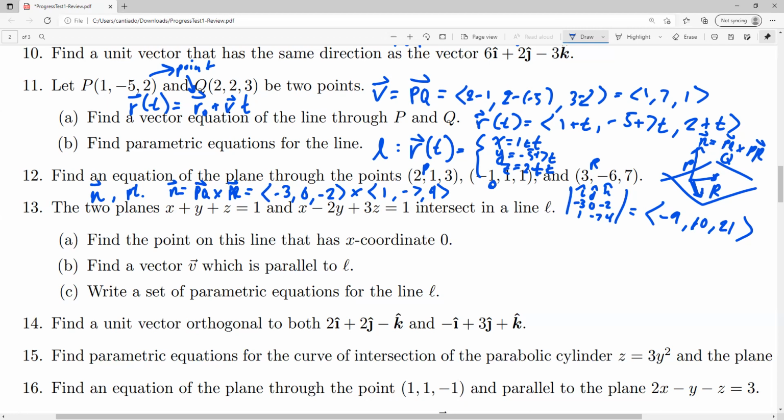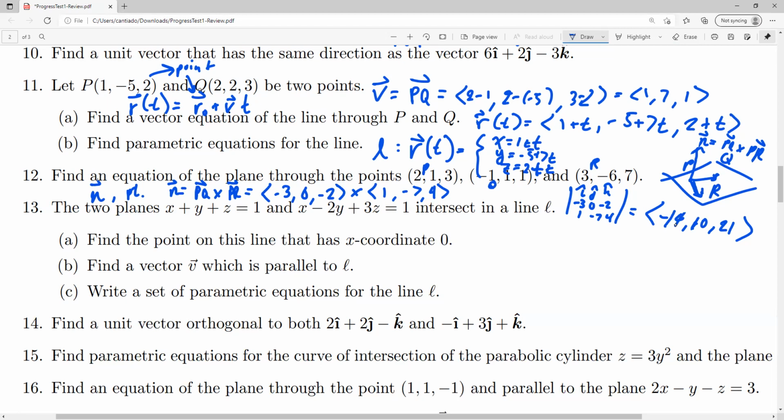Oh yeah, why did I add that? Sorry. This is not supposed to be -9, it's supposed to be -14 because 0 times 4 is 0. So 0 minus -7 times -2 is +14, so 0 minus 14 is -14. That's why I went wrong. Yeah, -14, 10, 21 is your normal vector.